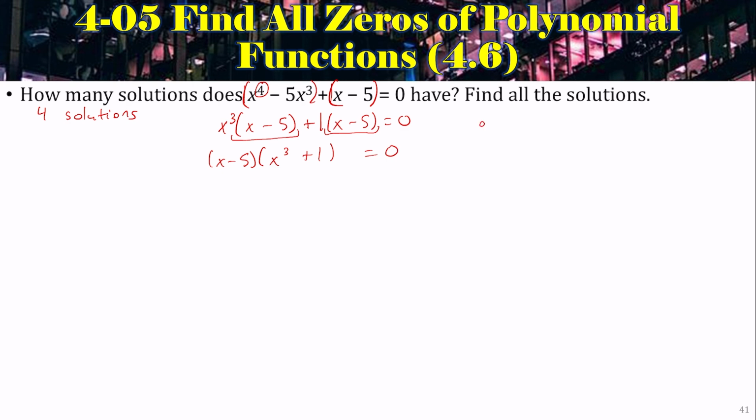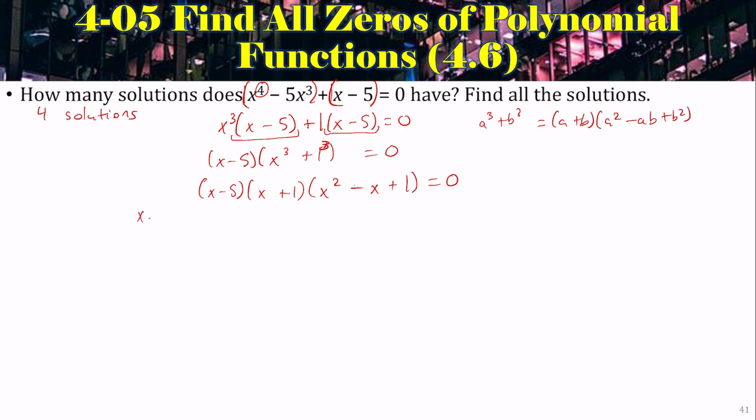Now, if we remember, a cubed plus b cubed, because 1 is the same as 1 cubed, is a plus b, a squared minus ab plus b squared. So that would be x plus 1, x squared minus 1 times x plus 1 squared.